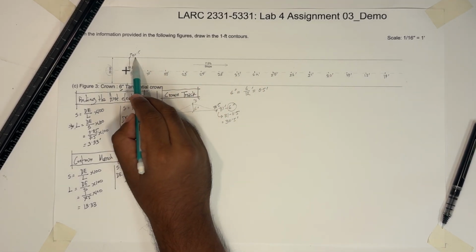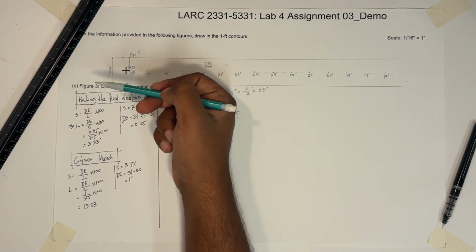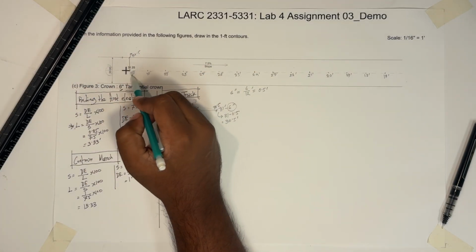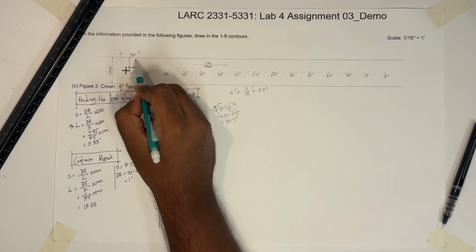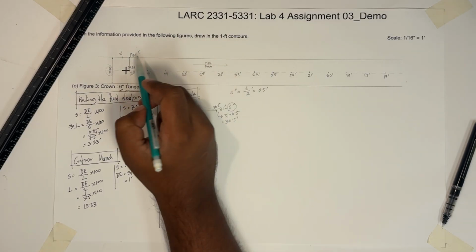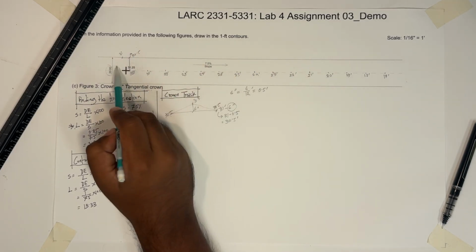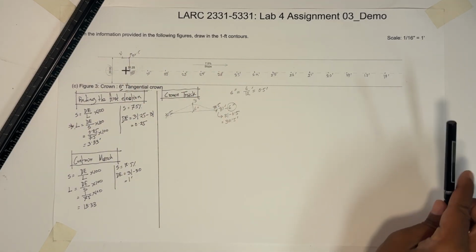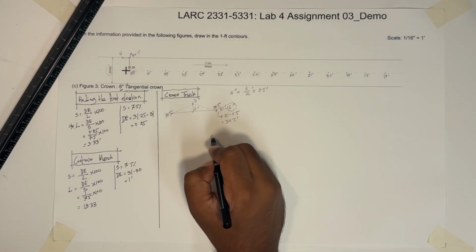So if this is 30.5, a 31 would be somewhere here, upwards, because the road is going down this way. So again, we need to find the 31 from 30.5, and we don't know the length of the edge. So let's calculate for that, and we will use the same formula.